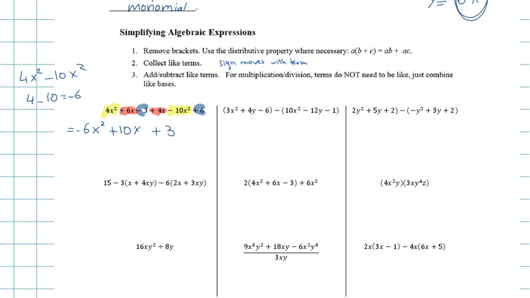And then the other one was positive 6x plus 4x, so you have 6 plus 4, which is 10. That would be the last step, right? That's it. You're done.